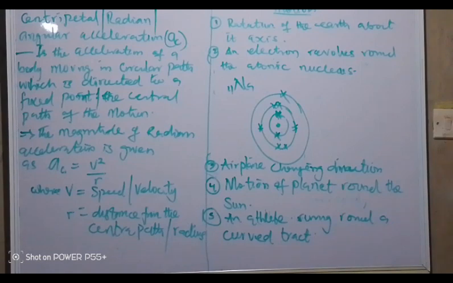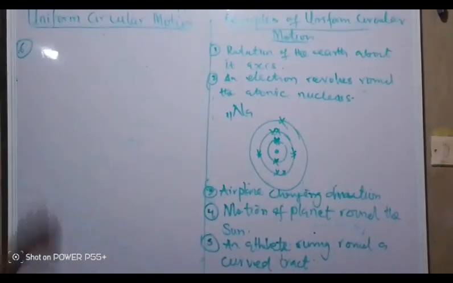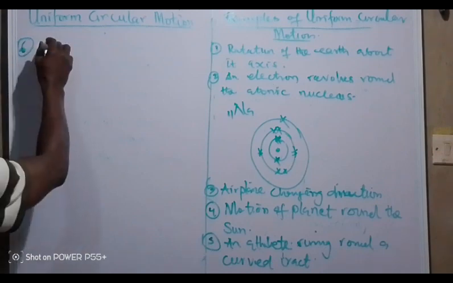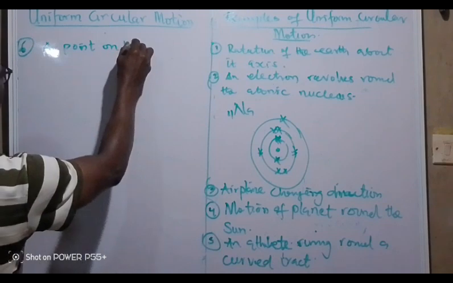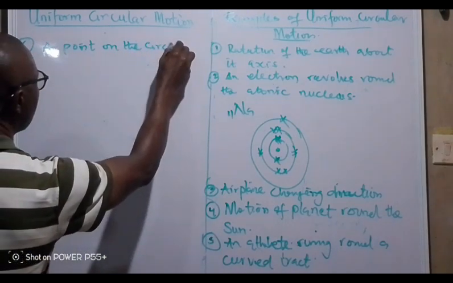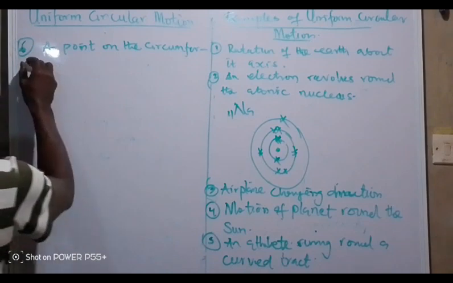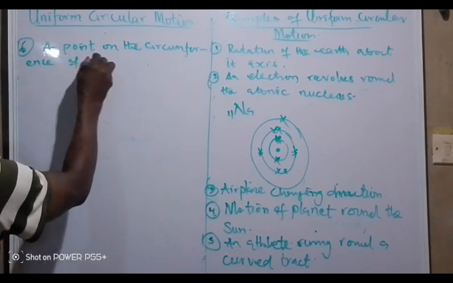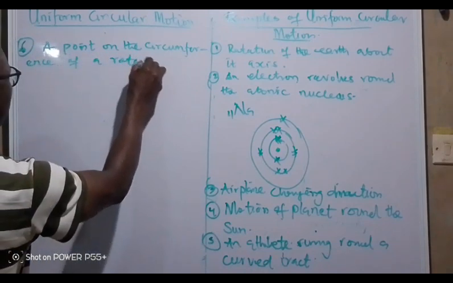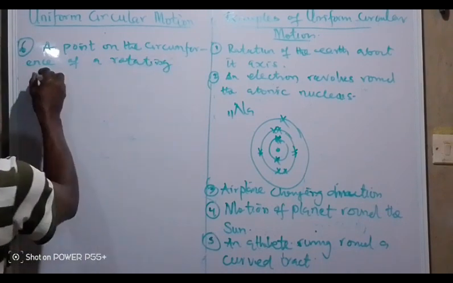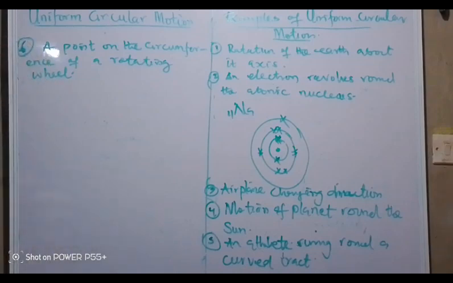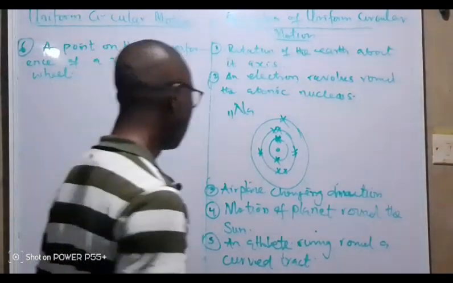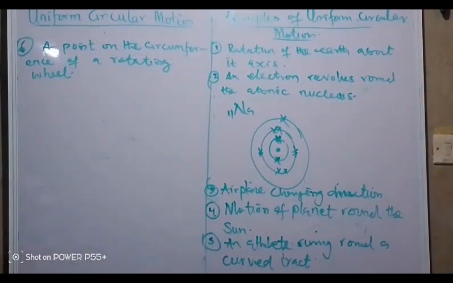Another example, number 6: a point on the circumference of a rotating wheel. This is to state but few. We have many examples of uniform circular motion in practice. But let's talk on this number 6 for now.